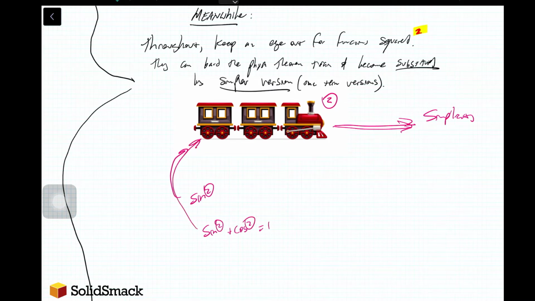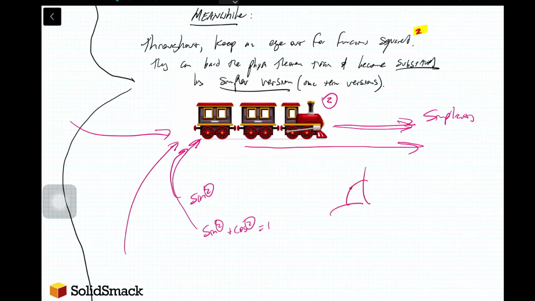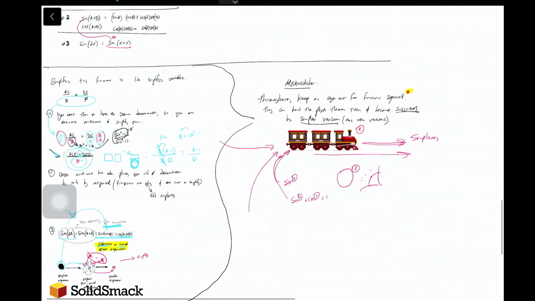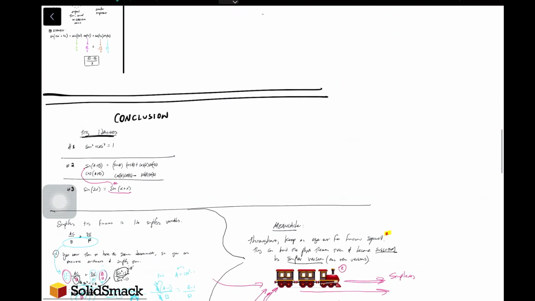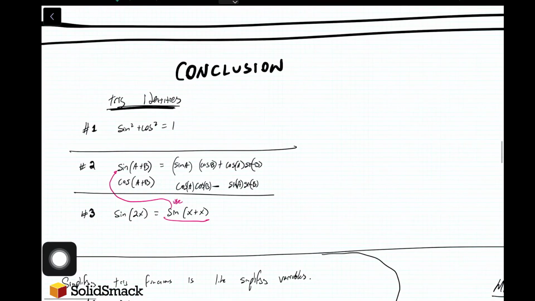But once you get on, you can start substituting the expressions. You're going to have all these problems, but ultimately, they all want to get to the Pythagorean Theorem train, choo-choo, because it heads over to simplicity. So that's what you should always keep your eye out for. Always look for these expressions that have squares. So that is the bottom line conclusion.